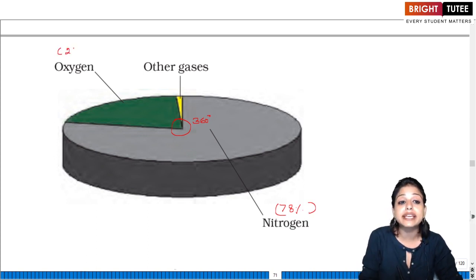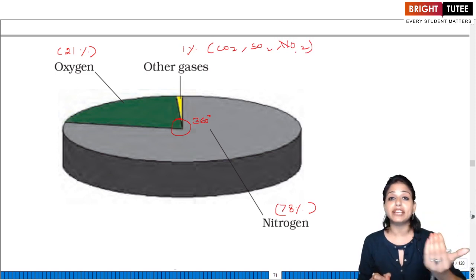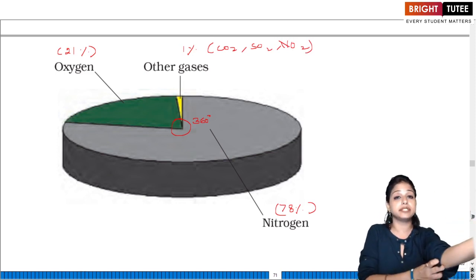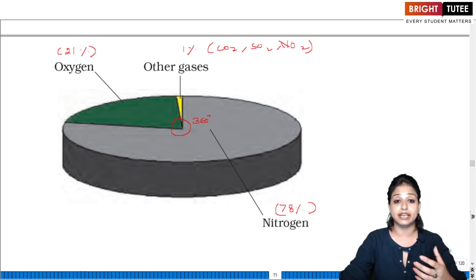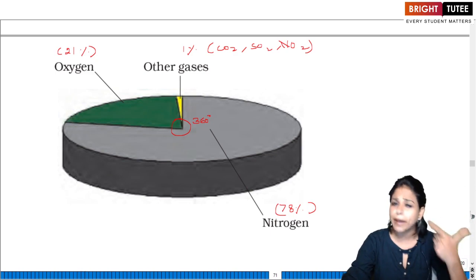Oxygen, being the second, has 21% of the share, and other gases are only 1%, including carbon dioxide, SO2, NO2, etc. So when we look at the pie chart, we are again using a mode of graph, a pictorial representation, to show the data. Graphs are not restricted to bar graphs or pie charts.